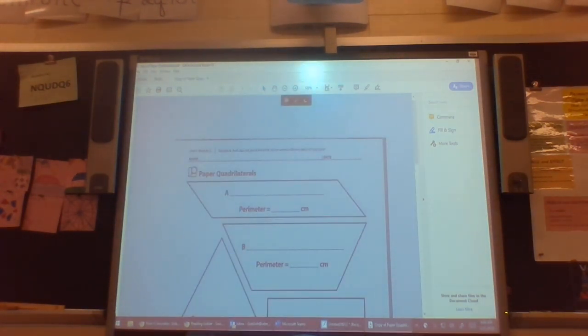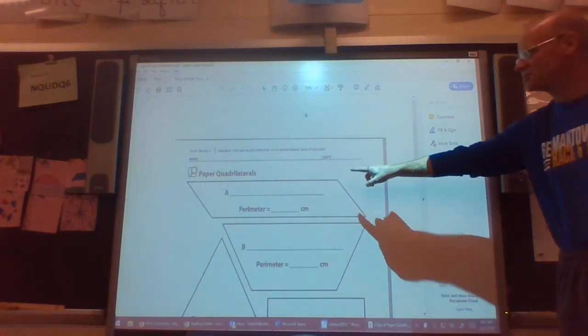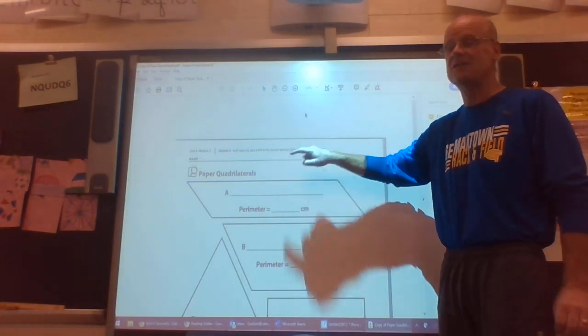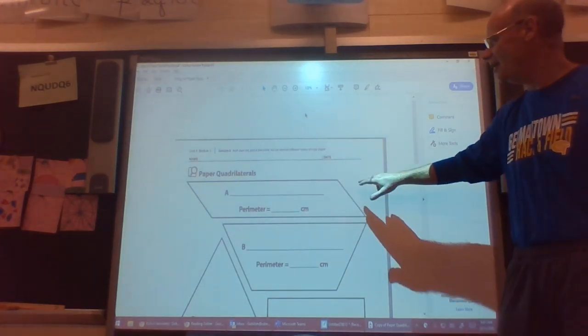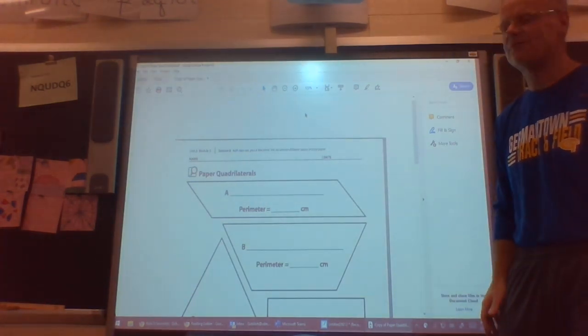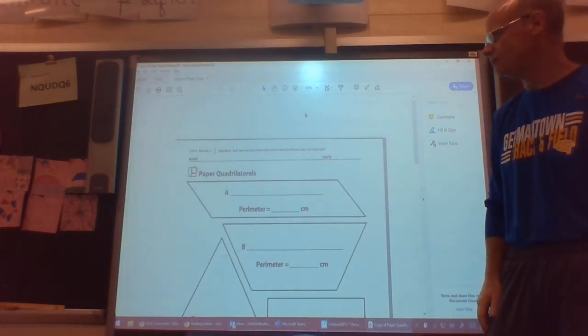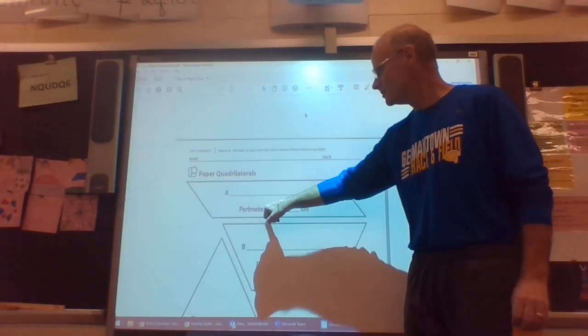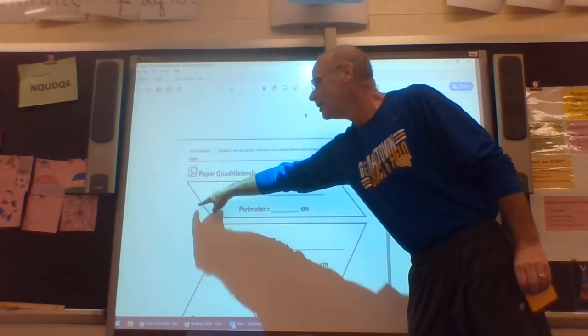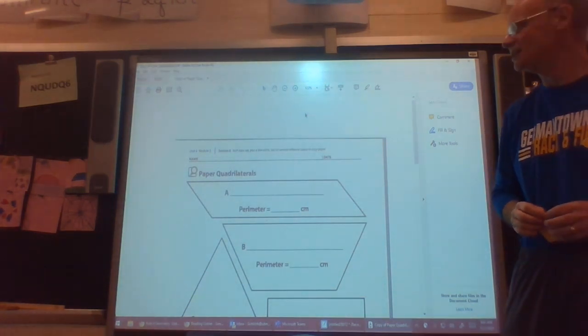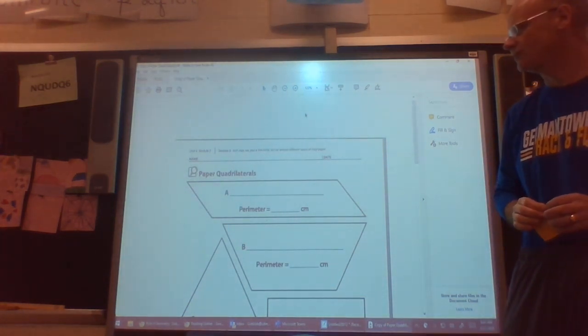When I measure this side, I got 15 centimeters, I'm sorry, I said inches. And when I measure this side, I got 4 centimeters. So this side is also 15 centimeters, and this side will be 4 centimeters.